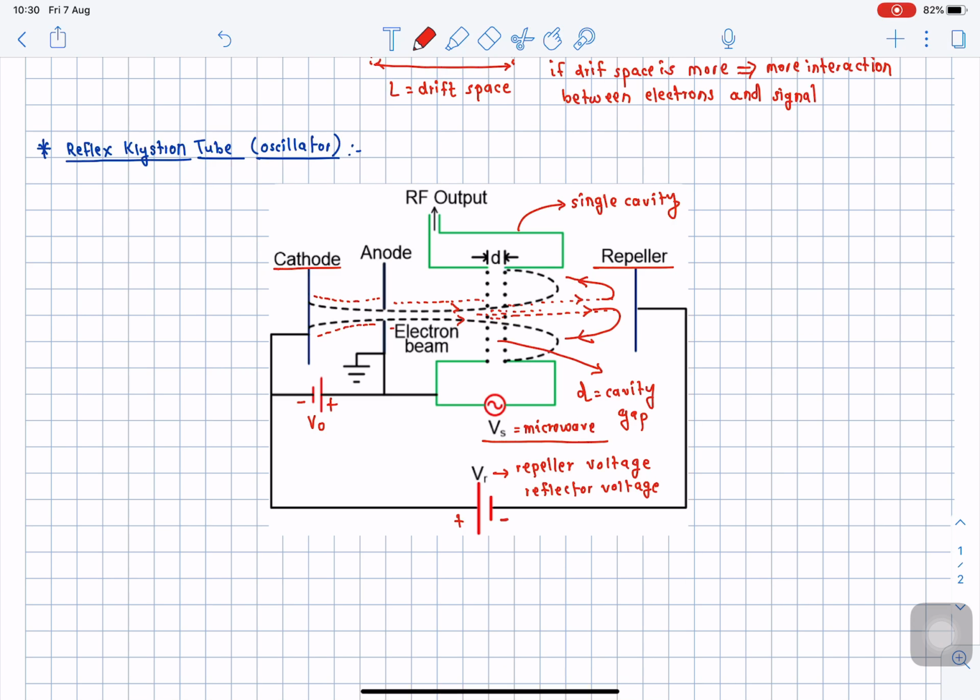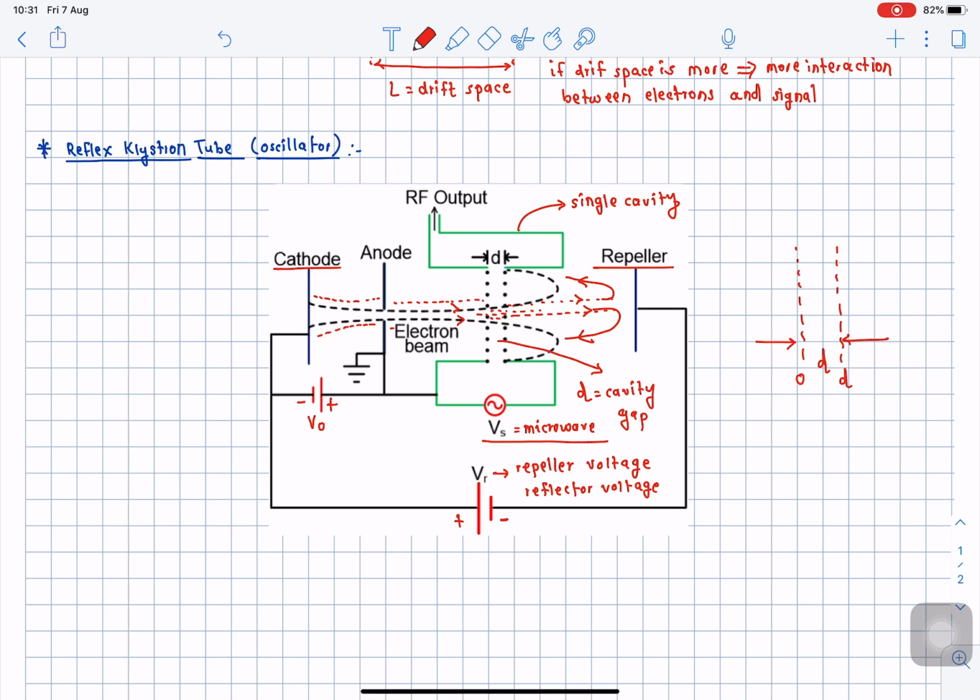So the electrons initially, say suppose over here I will denote, this is a cavity gap. This cavity gap we call small d, starting with 0 distance to distance d.